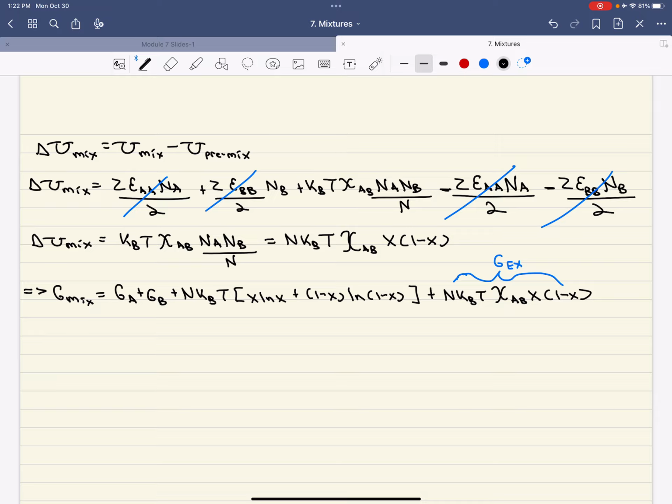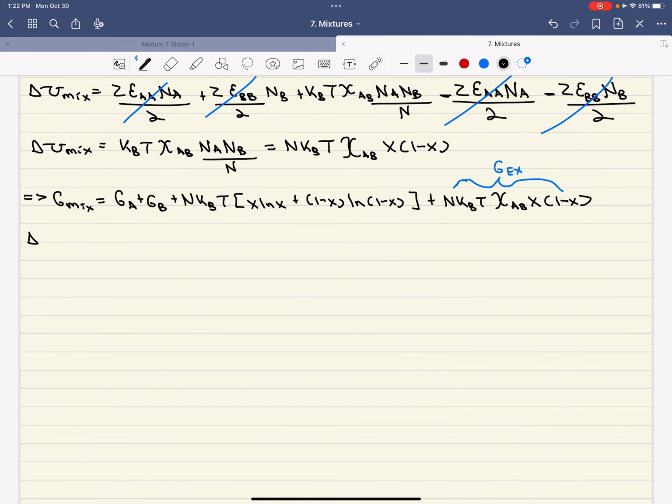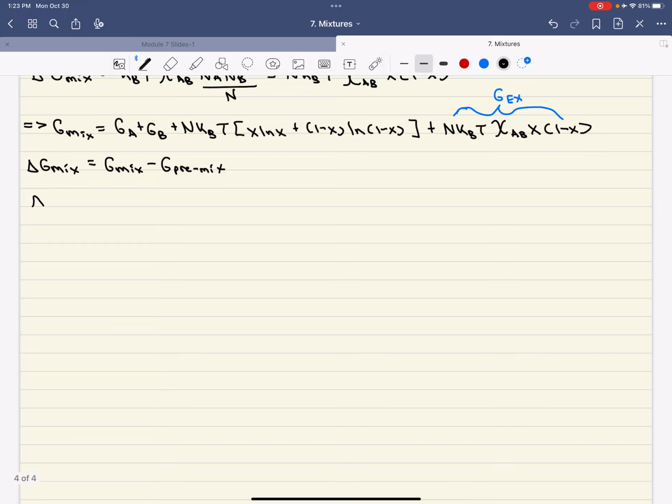Now that we have G mix, in the end what we want is delta G mix, which is just G mix minus G premix. These are our premix terms, and so delta G mix in the end just ends up being N kBT times x ln x plus 1 minus x ln of 1 minus x plus chi AB x times 1 minus x.